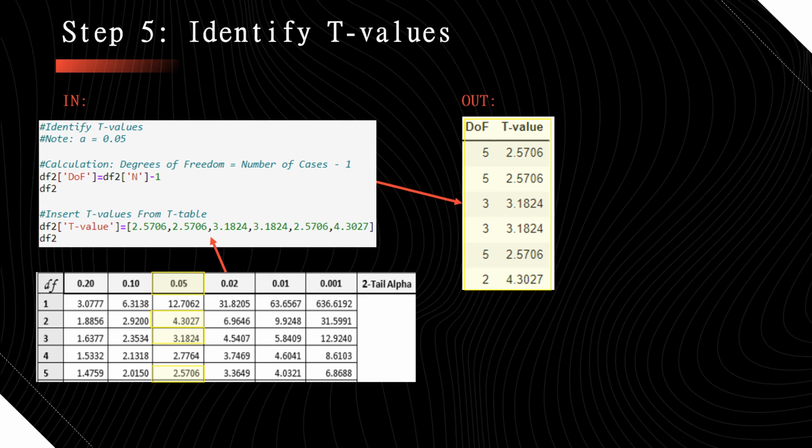Please note that we are using alpha of 0.05 and that you should be looking at t-values under the two-tailed t-distribution table. You can see the table here below, and I took the values for those with degrees of freedom of 2, 3, and 5. And all of that is inputted into these two columns here of DOF and t-value.